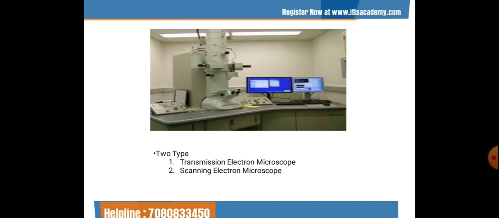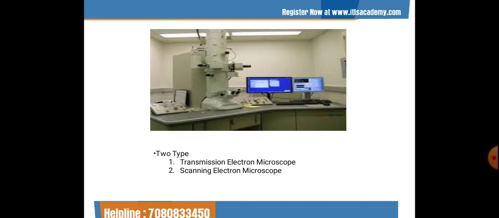Electron microscopes are very large and extremely expensive. Laborious sample preparation is required. Operation and analysis require special training. If you are not trained, you cannot work on this electron microscope.